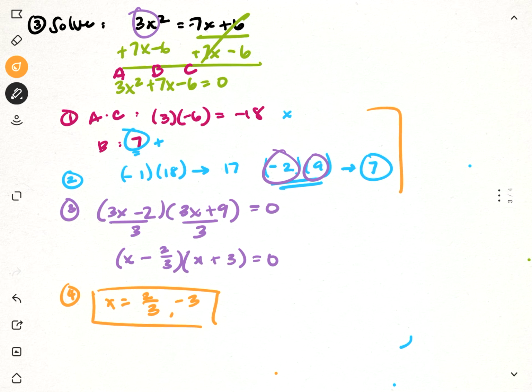A lot of people struggle with this section, mostly because some of us forget our factors and our tables, and sometimes we mess up our signs. So just be very careful. If you have to make a list of factors, feel free to do so. For this one, you could do negative 1 times 18, positive 1 times negative 18, 2 times negative 9, negative 2 times 9, 3 times negative 6, negative 3 times 6.